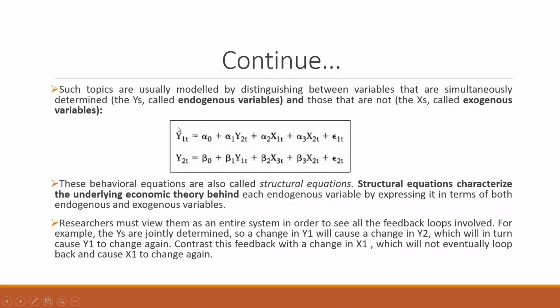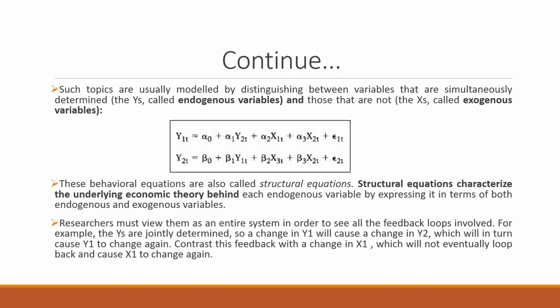If we consider this as a loop, y1t, y2t, this is the whole mechanism which is working. So the y's are jointly determined. A change in y1 will cause a change in y2, and a change in y2 will again cause a change in y1.